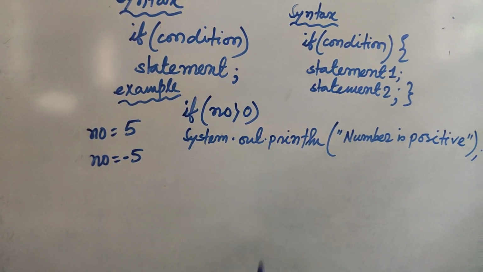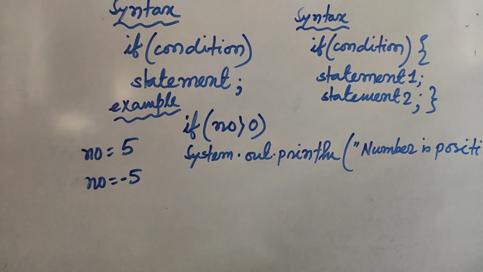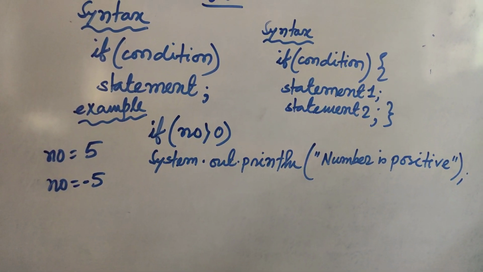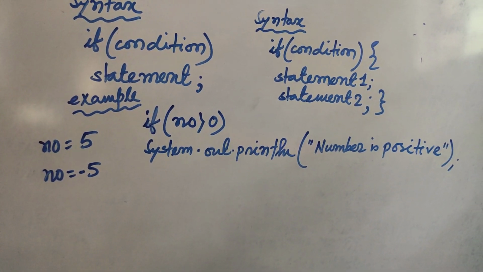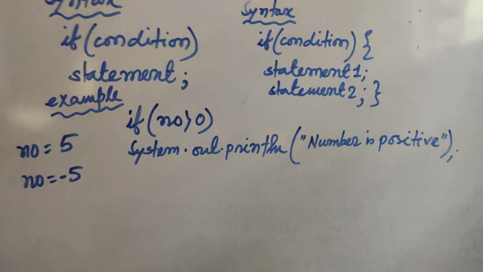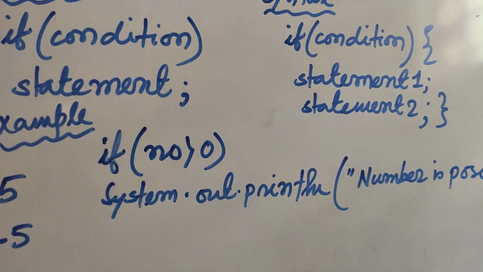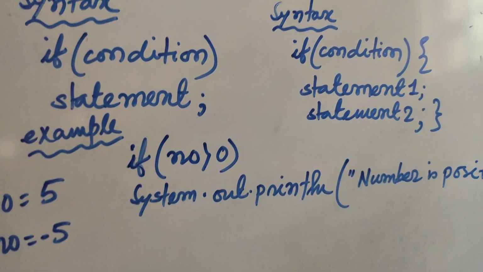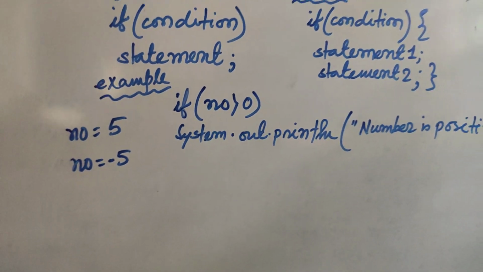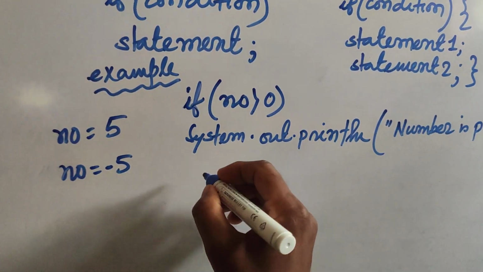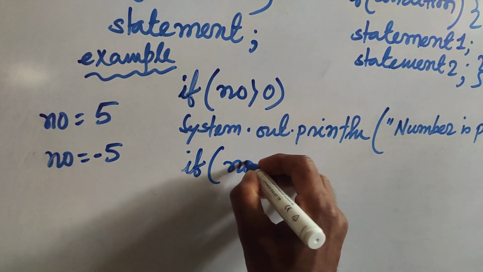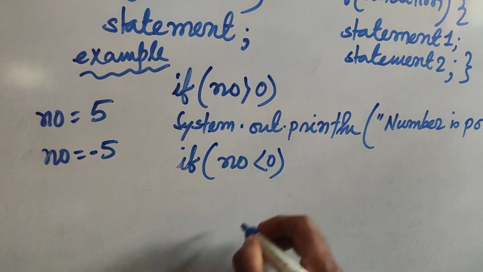Now see, number greater than 0. If you think about using if statements, if I want to write a program that inputs a number and checks and displays whether the number is positive or negative, in that case the disadvantage is you have to write two statements. Here I am writing number less than 0.